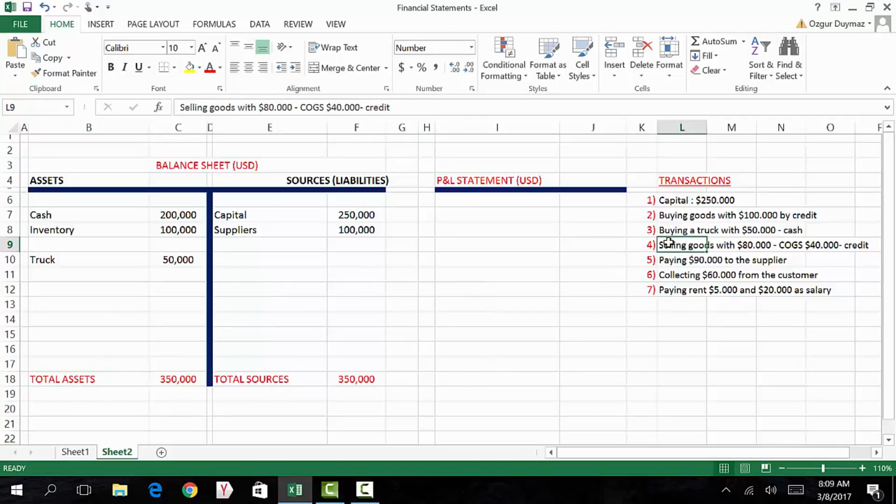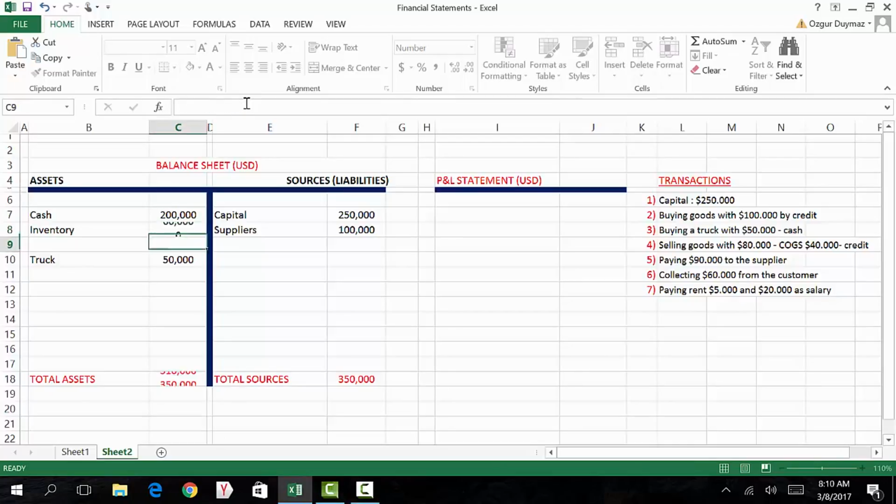The company sells the goods with credit, not cash. The sales amount is $80,000 and their cost is $40,000, or cost of goods sold. We need to reduce it from inventory because we delivered it. The cost of inventory we delivered was $40,000.